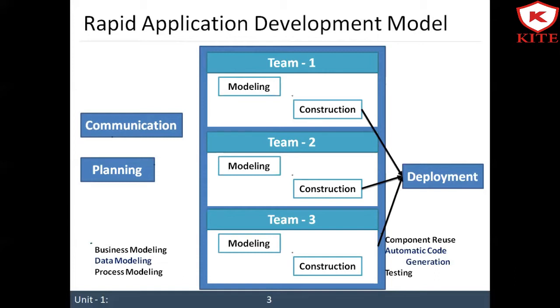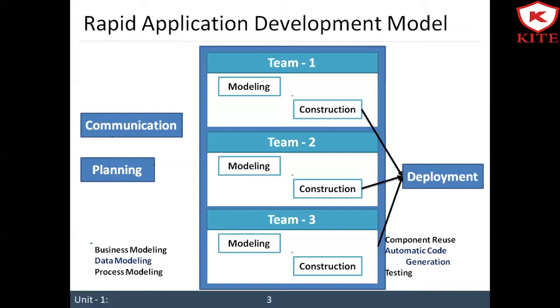First one is communication, then planning, then modeling, then construction, and last one is deployment. So mainly there are five types of process in any software development life cycle. Now we are going to study in detail the rapid application development model.